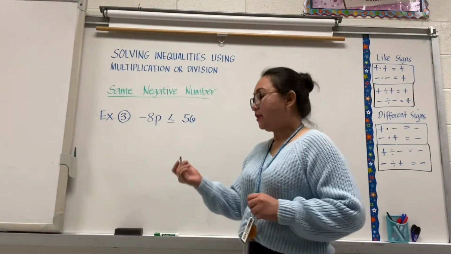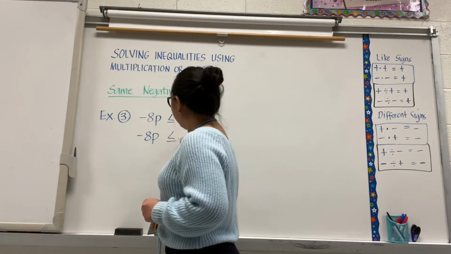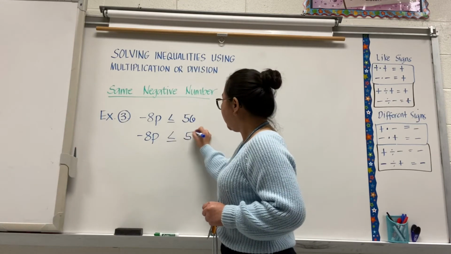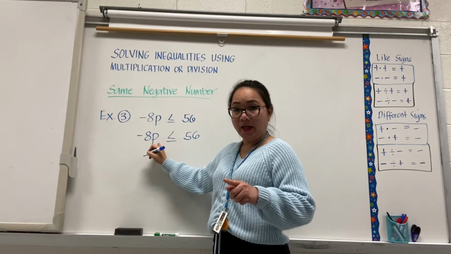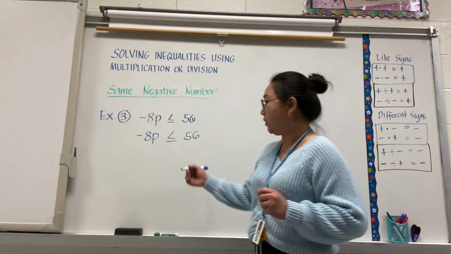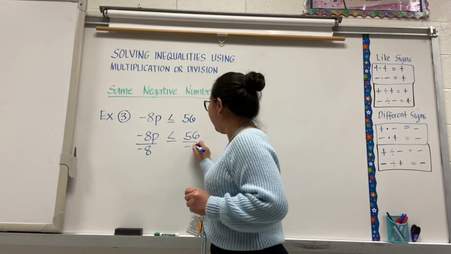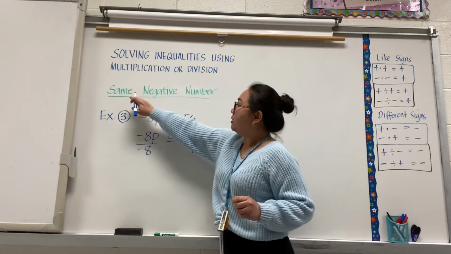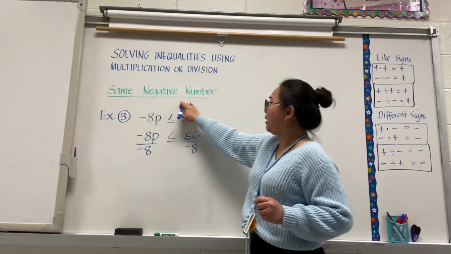Write the inequality again. So negative 8p is less than or equal to 56. So negative 8 is multiplied by p. So get the inverse of multiplication, which is division. So divide both sides by negative 8. Now here, multiplied or divide by the same negative number.